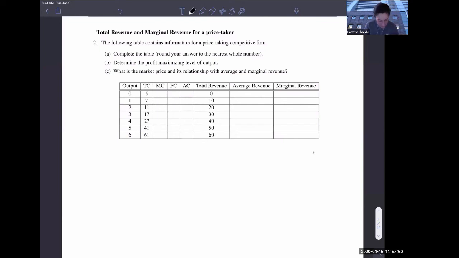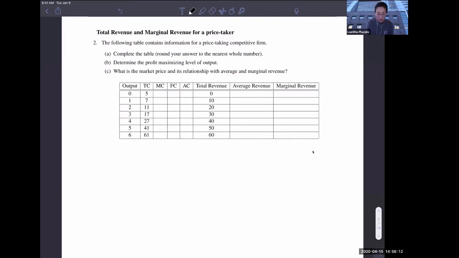All right, so I'm going to start with the fixed cost. Can someone tell me what the fixed costs are? How do I get the fixed costs? Well, the fixed costs are the costs I'm going to pay even if I don't produce anything.